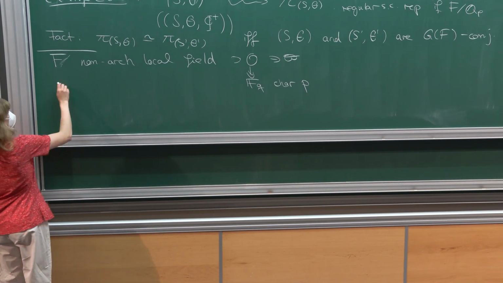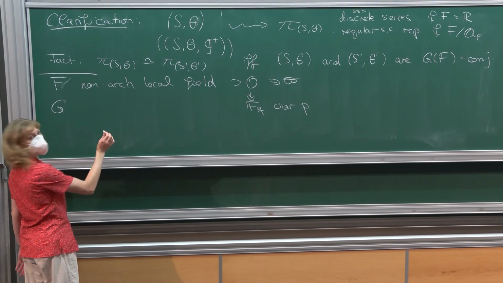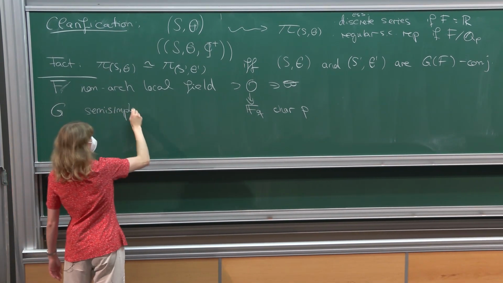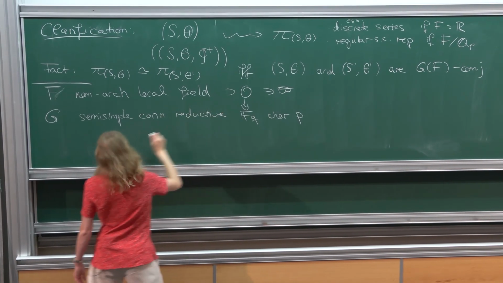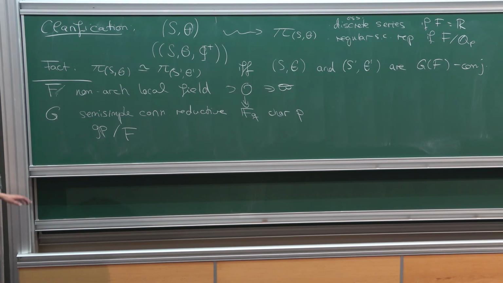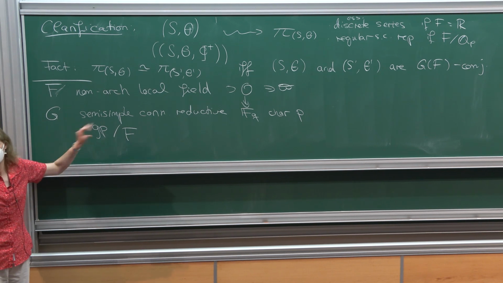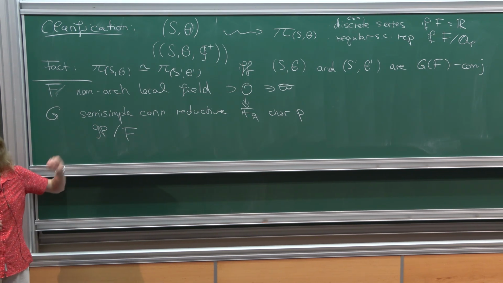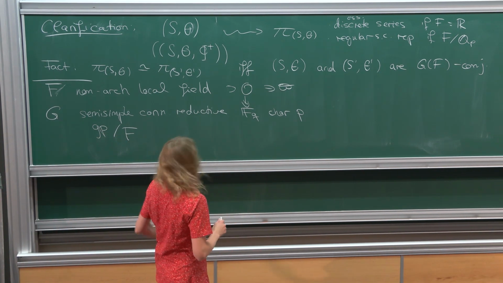And for simplicity, I want to assume today that my group G, which was a connected reductive group, is semi-simple. So that's a semi-simple connected reductive group over this local field F. And you don't really need to assume semi-simplicity. It just makes certain things easier for me to write. So I don't have to always say compact mod center. I can just say compact, for example. All right, so that's the notation.